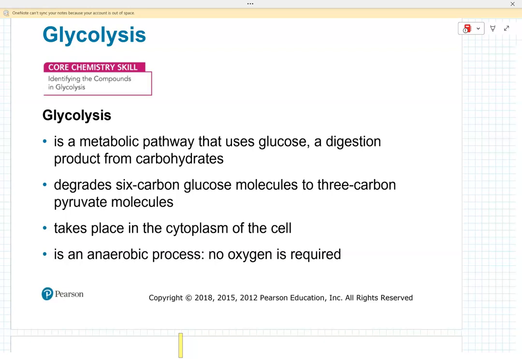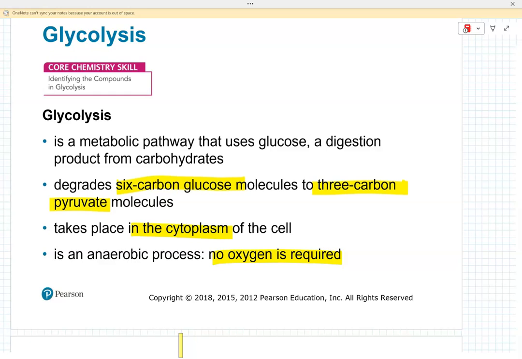So, what does glycolysis do? It takes a 6-carbon glucose and breaks it down to 3-carbon pyruvate. Glycolysis is always in the cytoplasm, outside of any other organelle, and it does not require any oxygen.